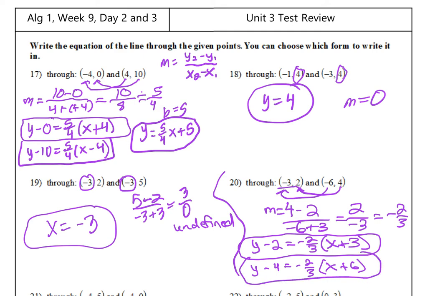If we do it in slope-intercept form, hang on, I do believe that's going to give us a 0 for b. So this would just be y equals -2/3 x in slope-intercept form. So there we go. That would be our answer.